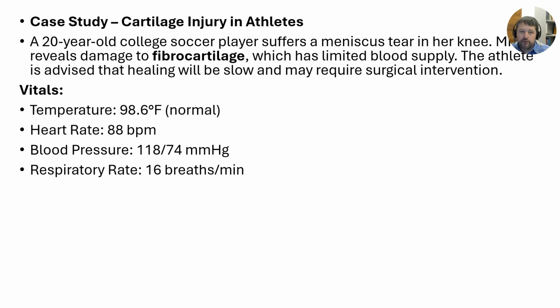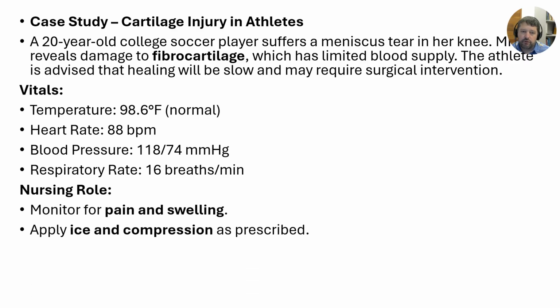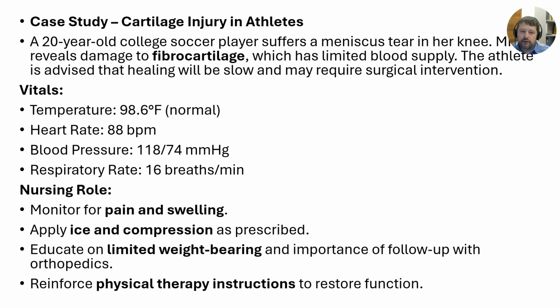Okay, so if we pull out the vitals, it looks like temperature's normal, heart rate's okay, blood pressure's not horrible, respiration rate fairly good. So what would be the nurse's role in this situation? A couple things. First of all, monitor the pain and swelling. There's going to be pain associated with this. Apply ice, compression, etc., as prescribed. Educate, remember, we're talking about a 20-year-old college soccer player.